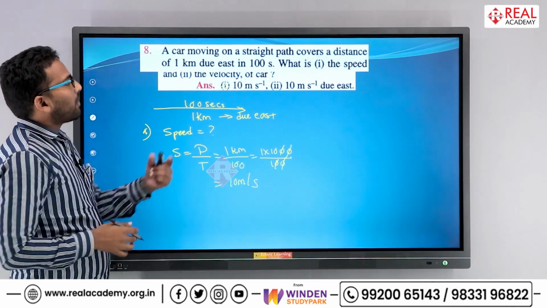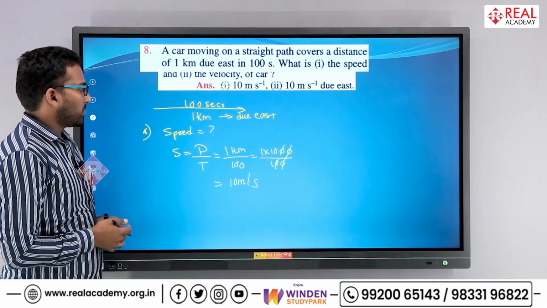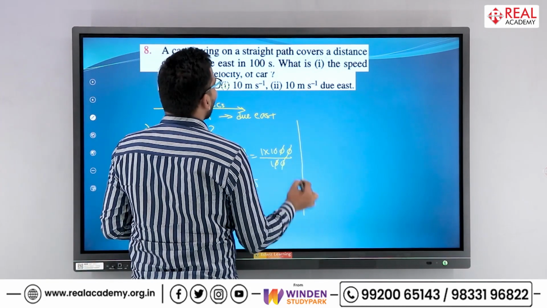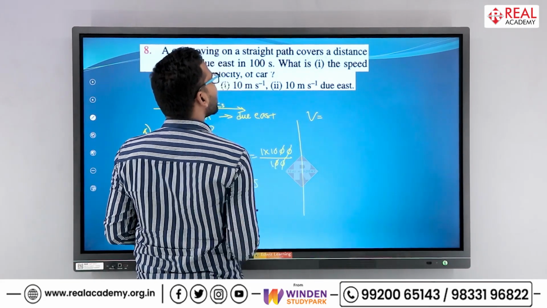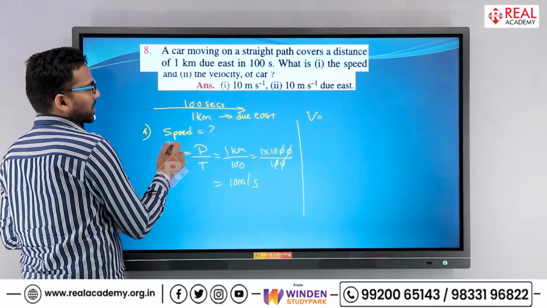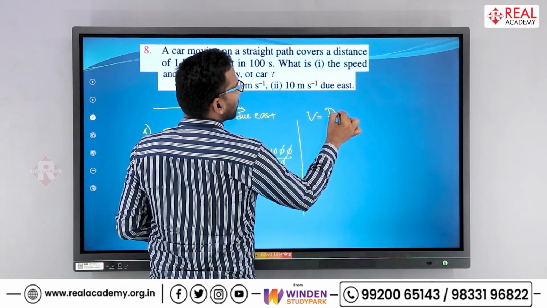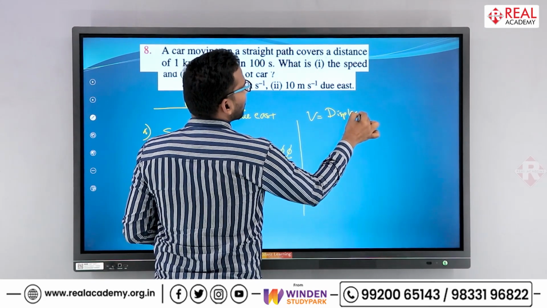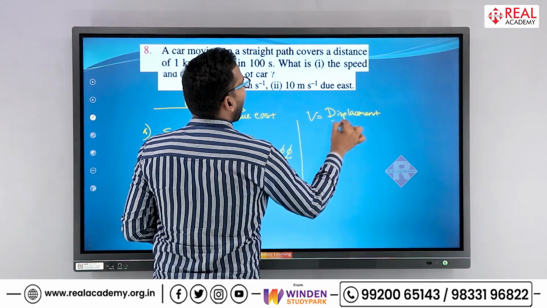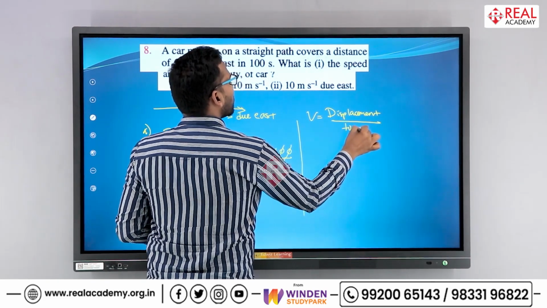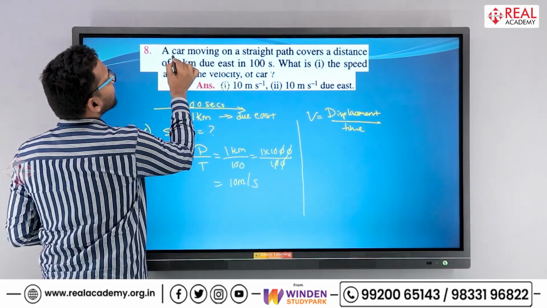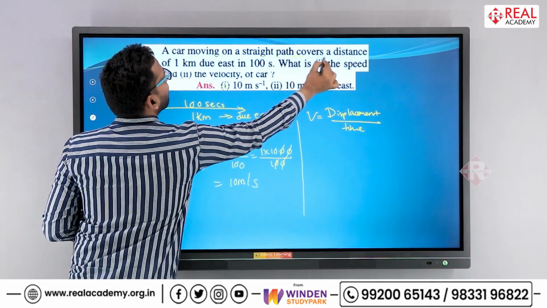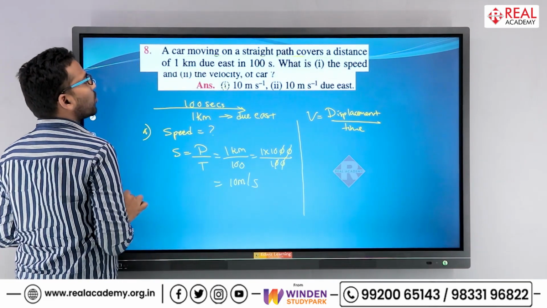Okay. They have asked the speed. Now second one. Now they are asking the velocity. Velocity is displacement upon time. This is distance upon time. This is displacement upon time. So how much is the displacement? The car is moving in straight path, covers a distance of 1 kilometer due east.